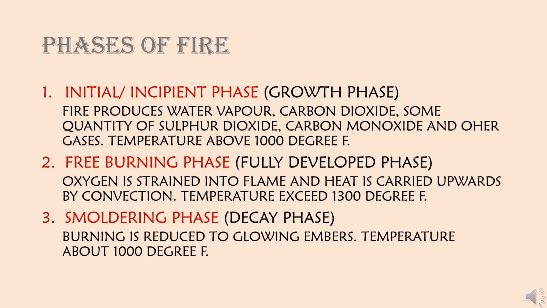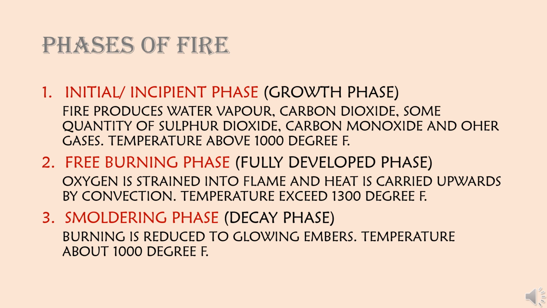Then the free burning phase, which is the second phase, also known as the fully developed phase of fire. Here, the oxygen is drawn into the flame and heat is carried upwards by convection. Here, the temperature exceeds 1300 degrees Fahrenheit, which is equal to 700 degrees centigrade.